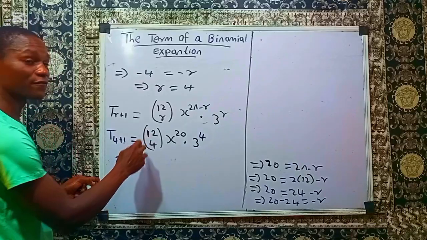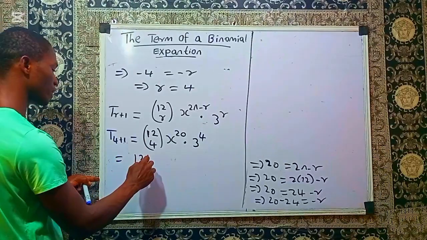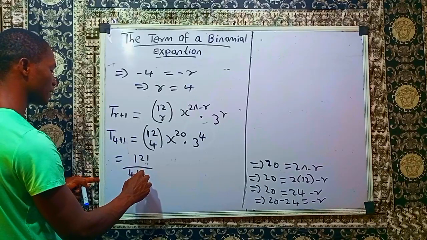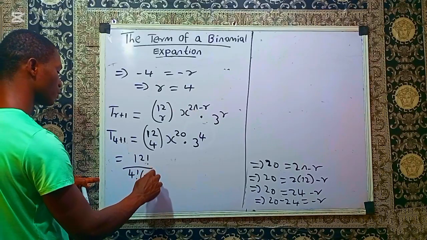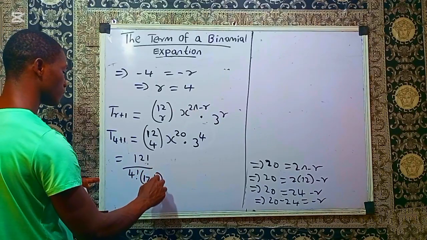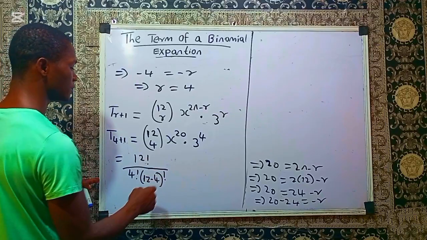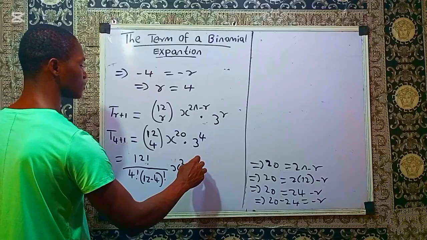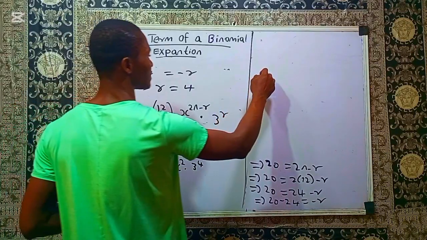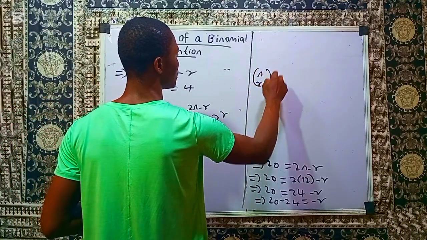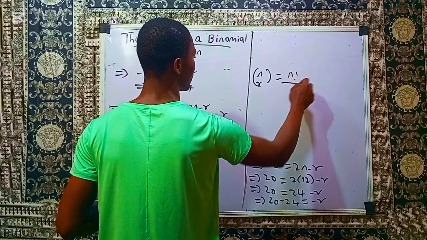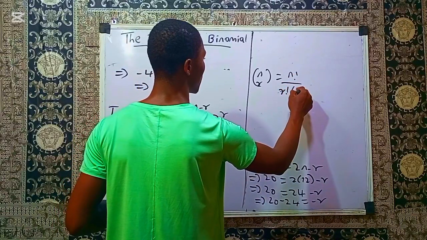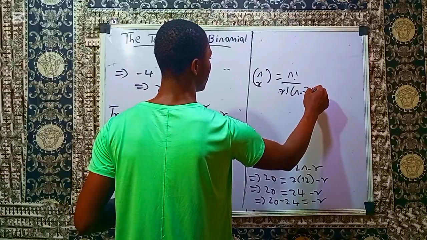So this will be 12 combination 4, which is 12 factorial divided by 4 factorial multiplying 12 minus 4 factorial. Then multiplying x raised to power 20 multiplying 3 raised to power 4. Remember that n combination r is equal to n factorial divided by r factorial multiply n minus r factorial.